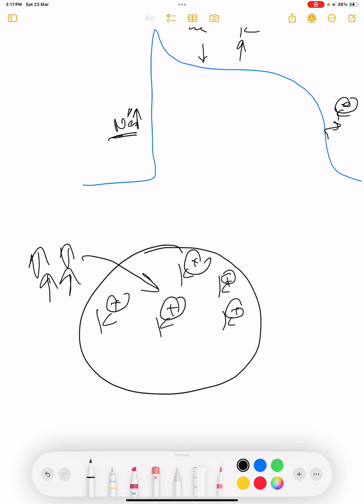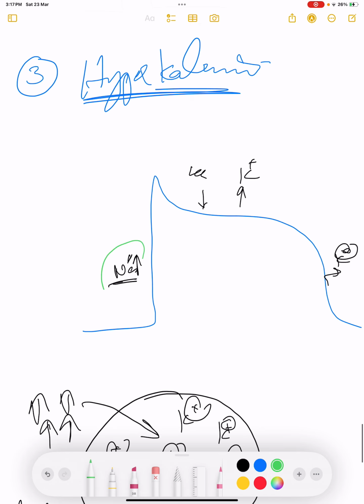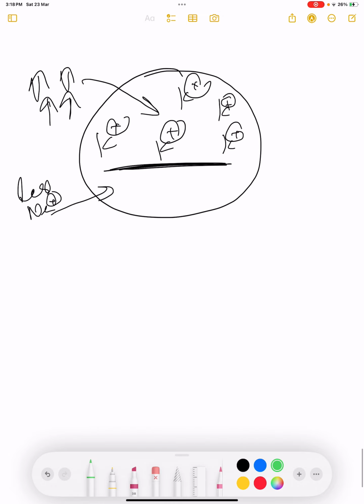Okay, and this high concentration of potassium will lead to less sodium going inside. If less sodium goes inside, what will happen? Instead of a steep curve, it will be like this. The depolarization will be like this, and this type of depolarization will again lead to a broad complex rhythm in the case of ventricles.